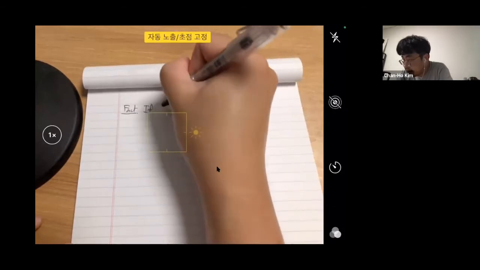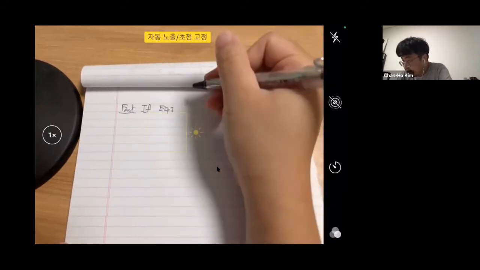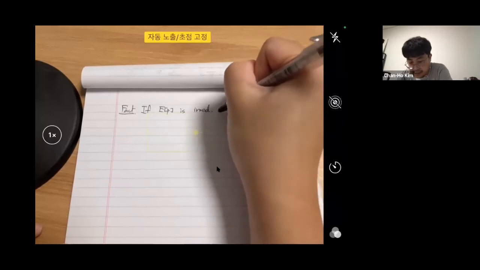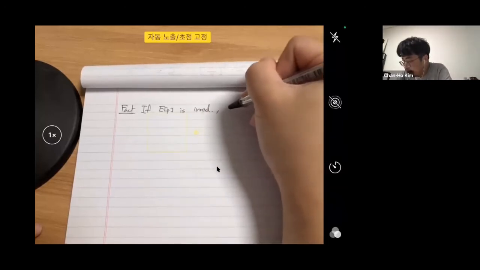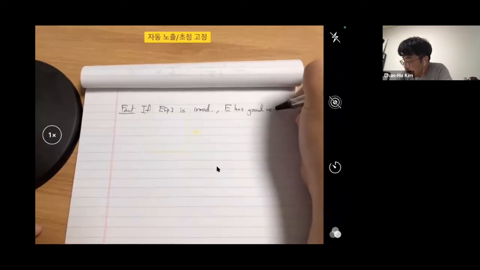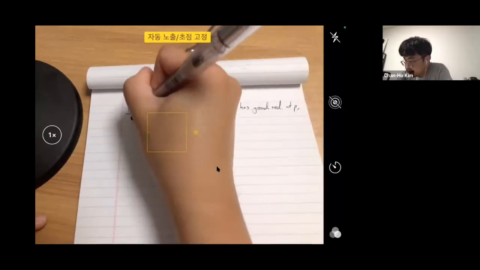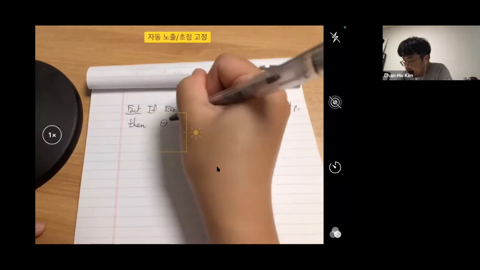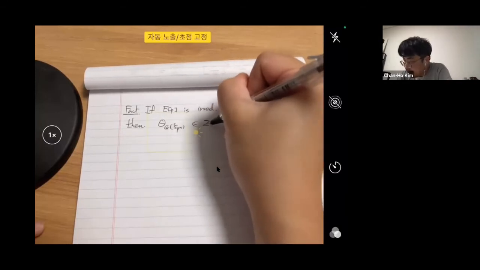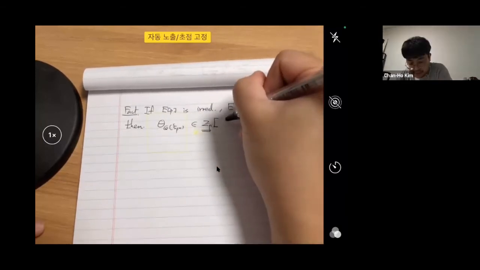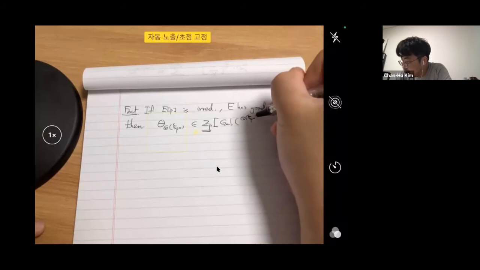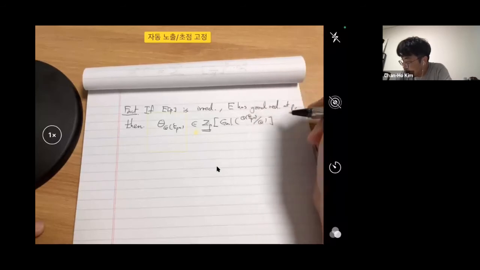So if E[p] as a Galois representation is irreducible, and for example E has good reduction at p, then theta_{Q(zeta_{p^n})} lies in Z_p[Gal(Q(zeta_{p^n})/Q)], for all n.